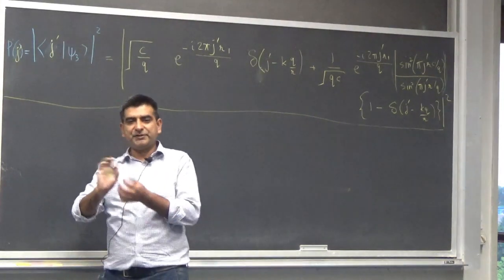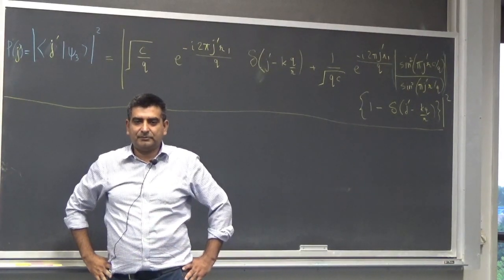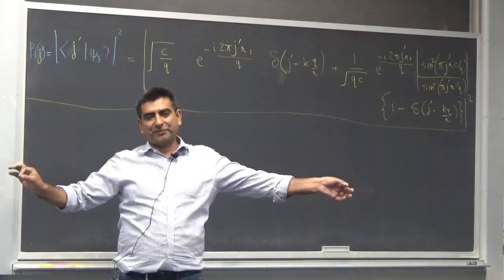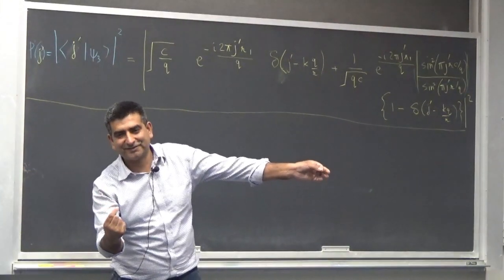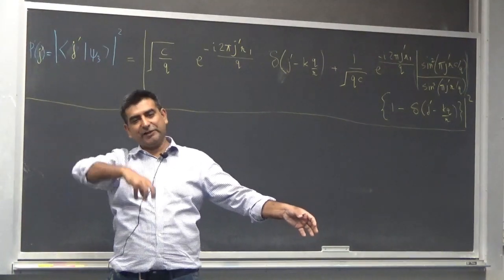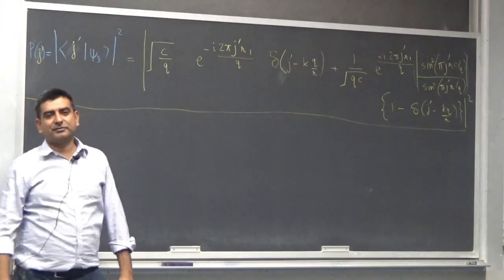It's non-zero only when j equals j prime. So j is a sequence from 0 to q minus 1. j prime is one of those integers. So you're only going to sample out a particular value of j which is equal to j prime. So this is our probability distribution function.